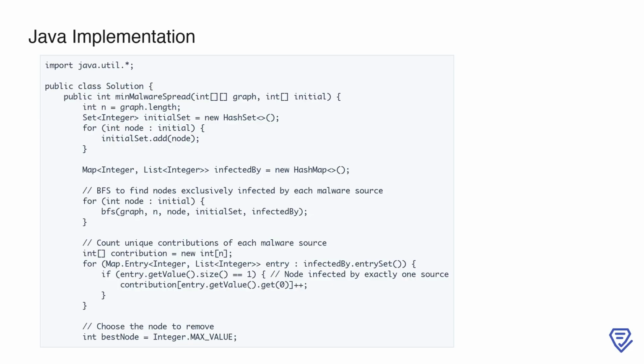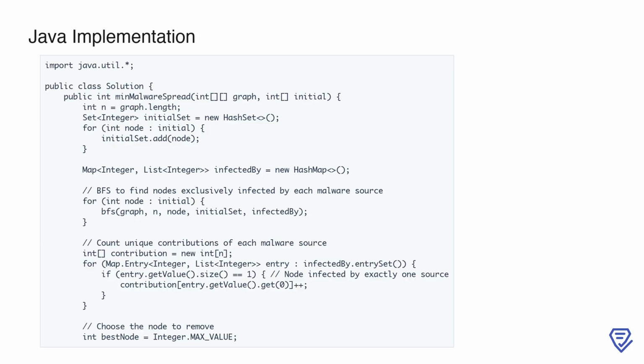Next, we create a map called infectedBy to store which nodes are infected by specific malware sources. Using this map, we can determine the nodes that are uniquely affected by each malware source. To populate this map, we perform a breadth-first search, or BFS, starting from each initially infected node. This BFS traversal identifies nodes that are exclusively infected by one malware source at a time.